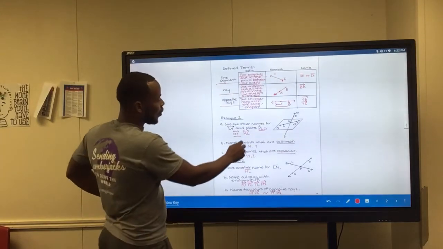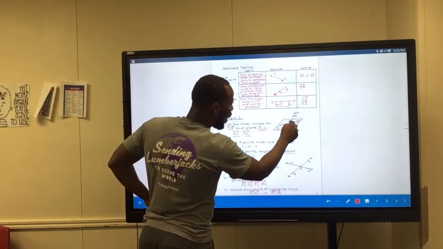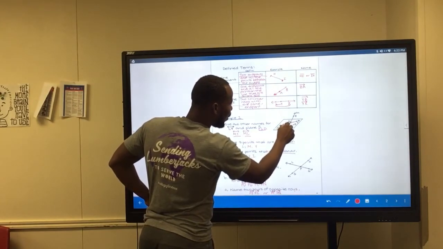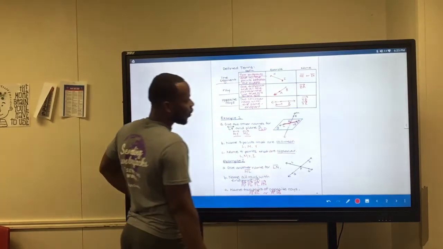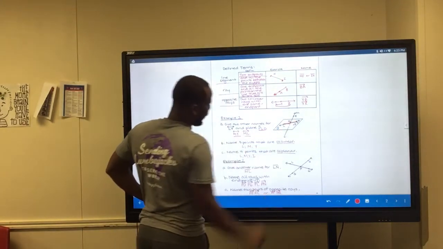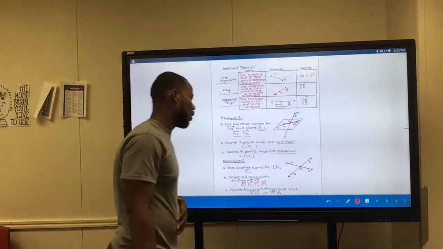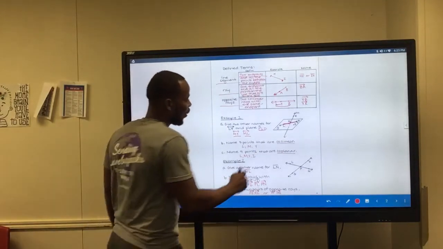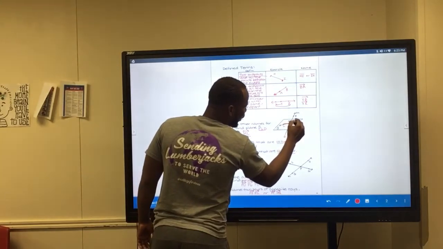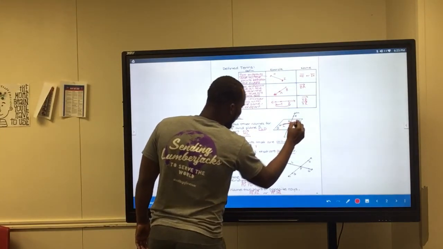So ML is one of the lines. Look at this, M and L is here. Or we can say MY. Notice that this point is M. Now we want to name three points that are collinear. The points that are collinear because they are on the same line are these three: L, M, Y.